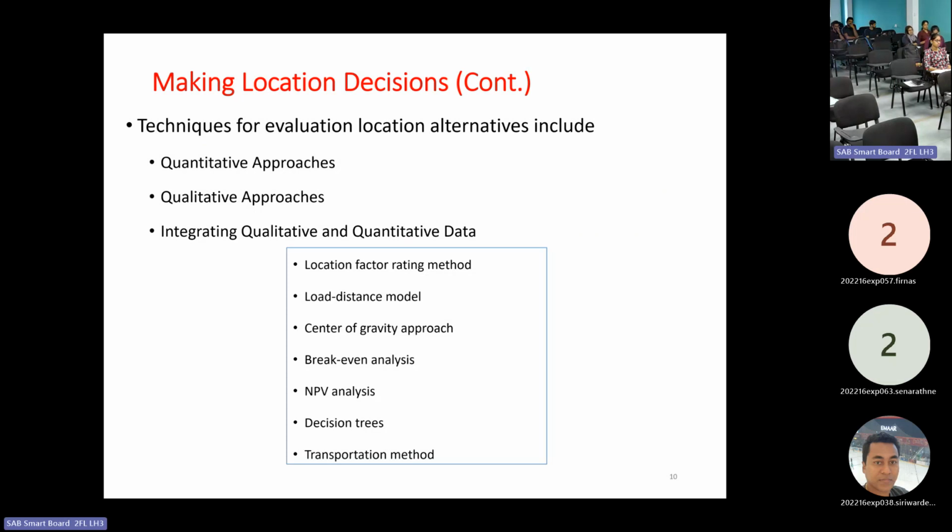Anything you want to ask? We discussed only two techniques, namely the location factor rating method and crossover charts. In addition to that, there are other techniques.